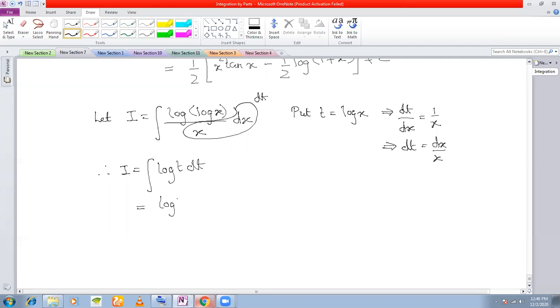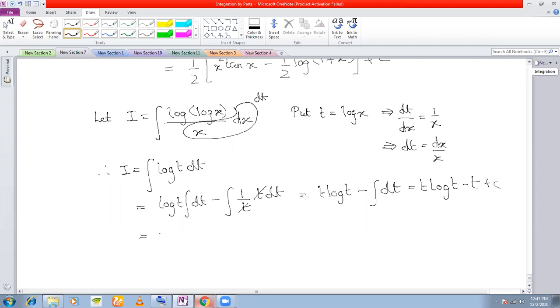So log t integral dt minus integral of derivative of log t, which is 1 by t, into the integral of dt, which is t, right? So this is t log t minus integral, this t and this t cancel. So you simply get integral dt. So you get t log t minus t plus c.